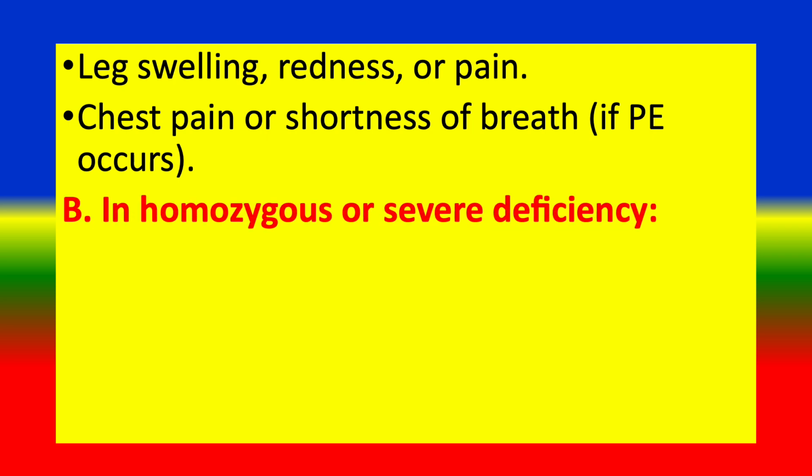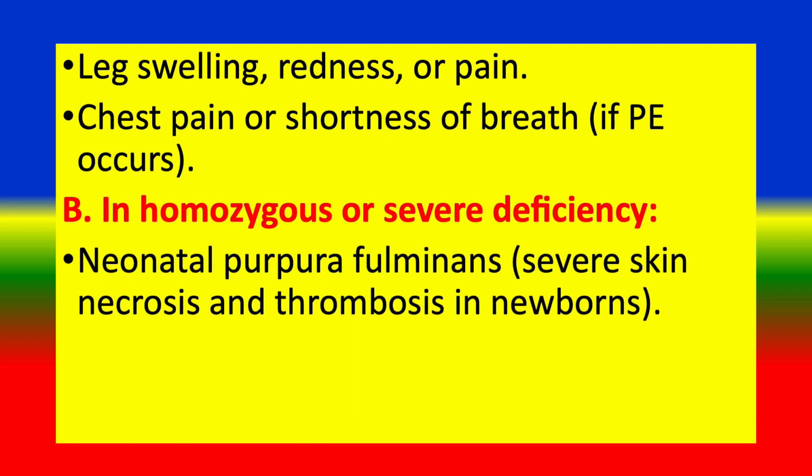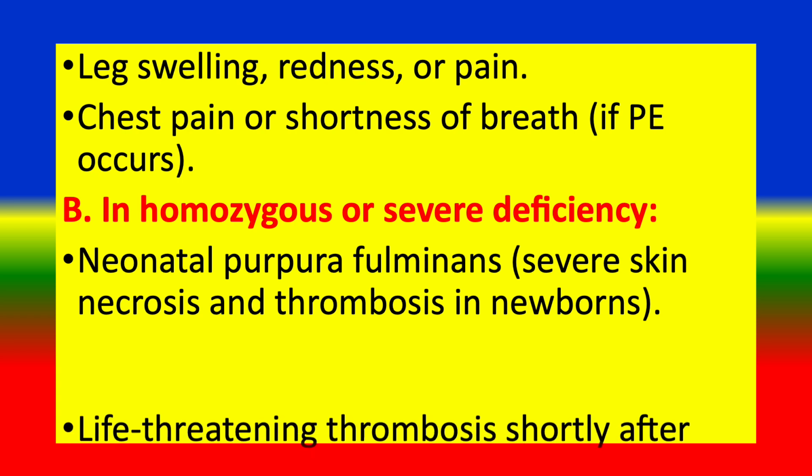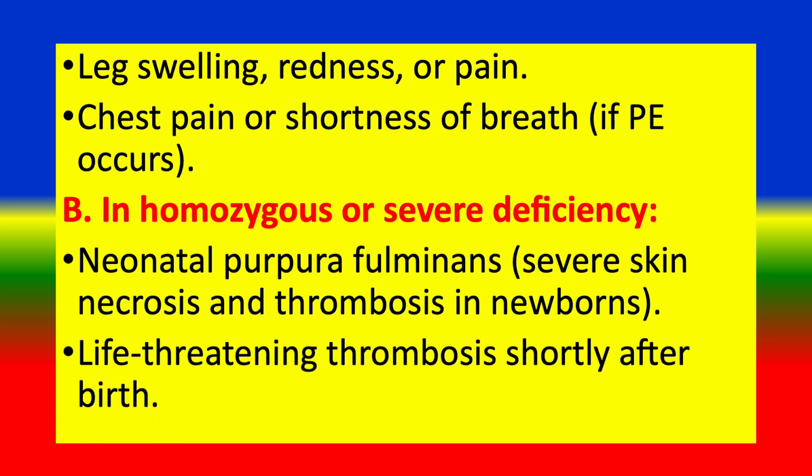B. In homozygous or severe deficiency: neonatal purpura fulminans, severe skin necrosis and thrombosis in newborns, life-threatening thrombosis shortly after birth.